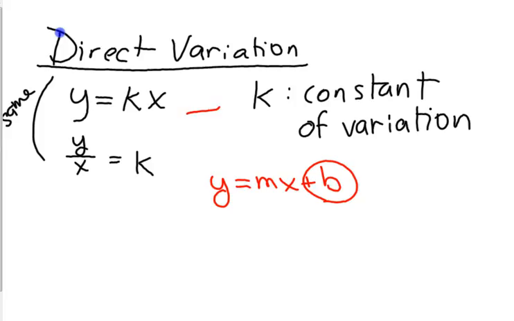So if it's direct variation, the y-intercept has to be 0. Is the constant of variation also known as like the slope? Well, when we're talking about it here, definitely, that's exactly where it comes into play, is the slope. In direct variation, we call it the constant of variation, but when we're talking about the graph, then yes, it is the slope.